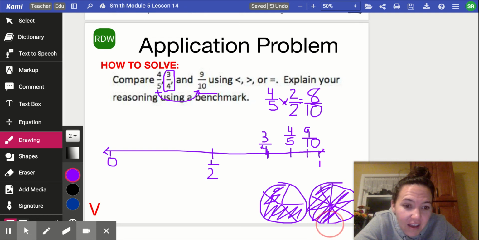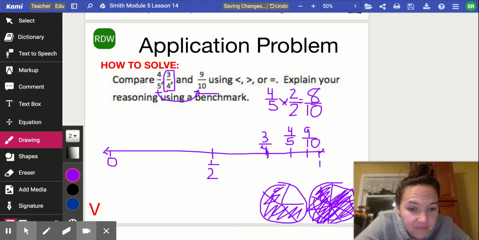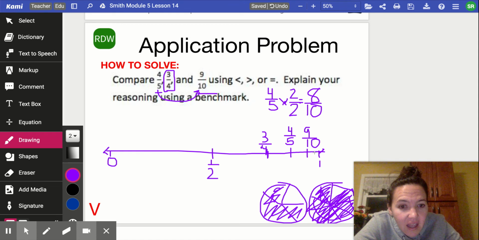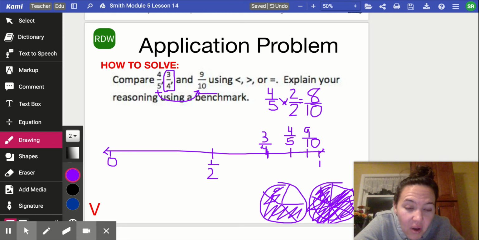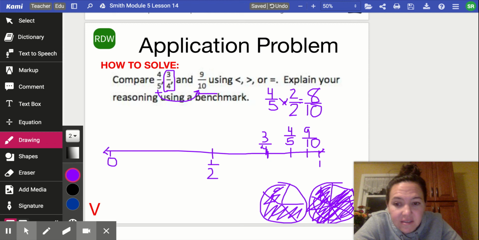Mrs. Smith loves cake. And I would rather have 9/10 of a cake than 4/5 because I want more cake than that. The pieces of tenths are smaller. So when they get closer to a whole, 9/10 is going to be bigger than 4/5.